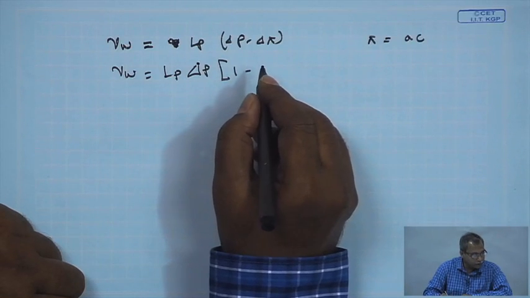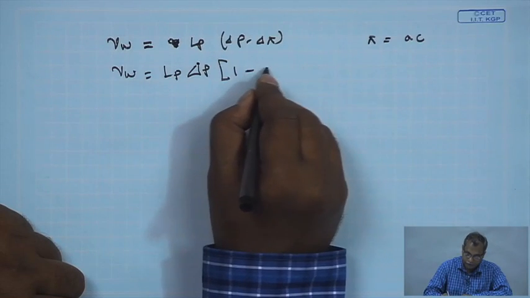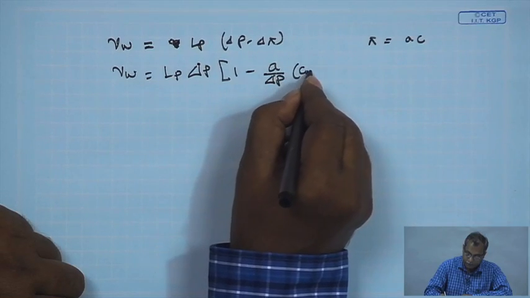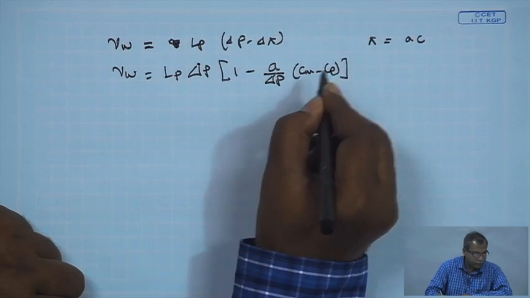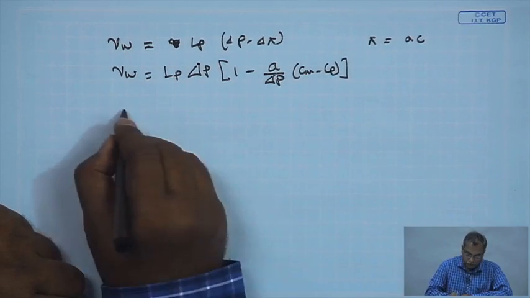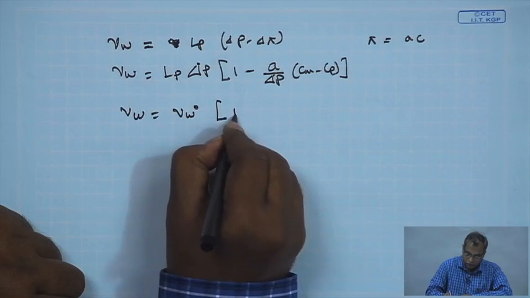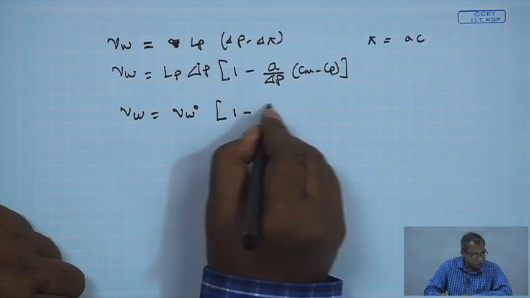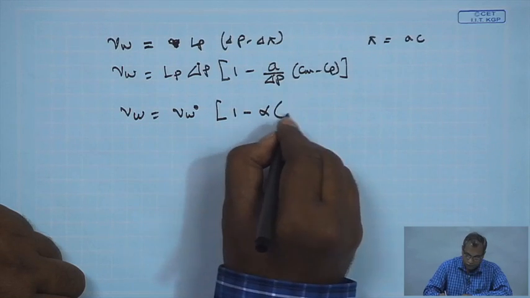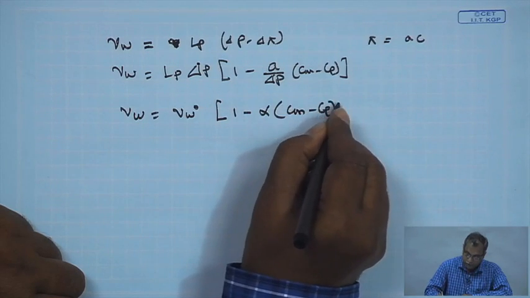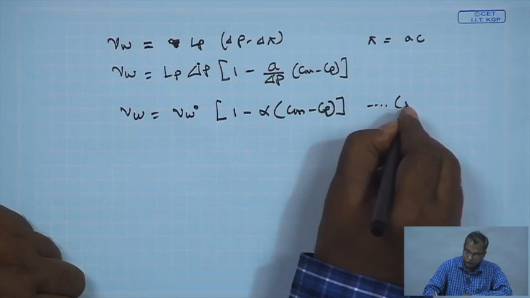So, del pi will be basically A by delta p (Cm minus Cp). So, I write Vw is equal to Vw naught (1 minus alpha (Cm minus Cp)). So, this is my equation number 1.